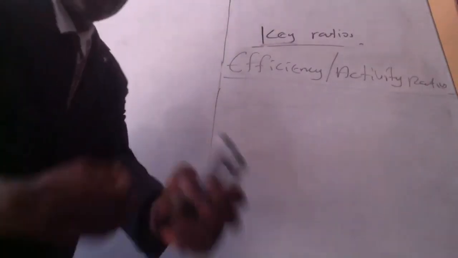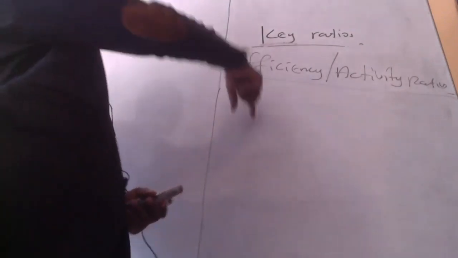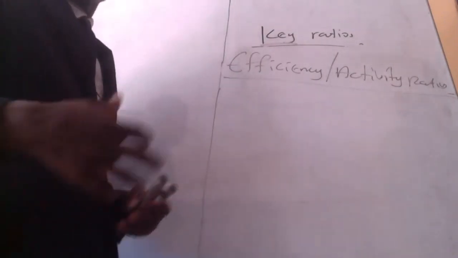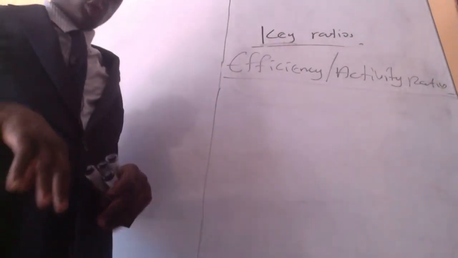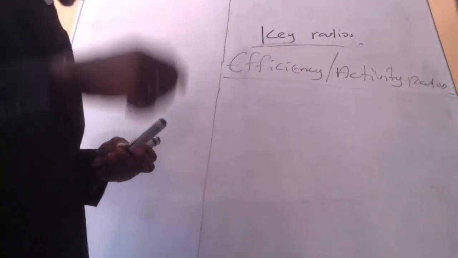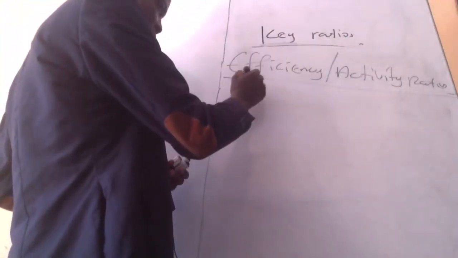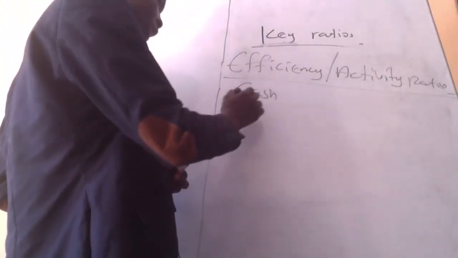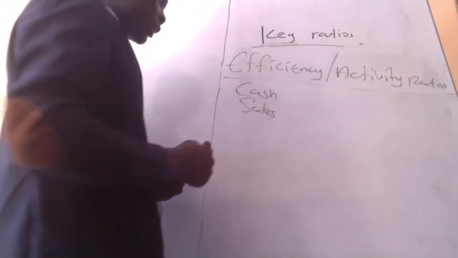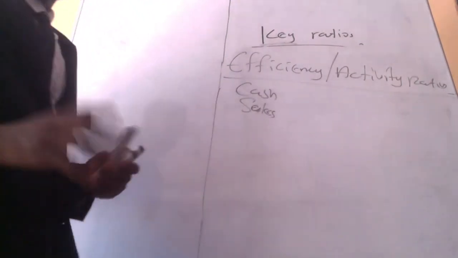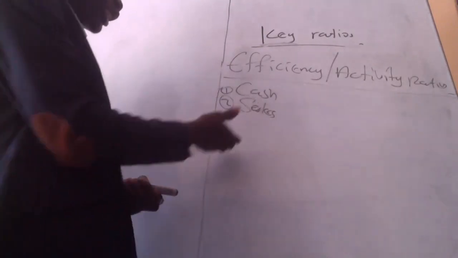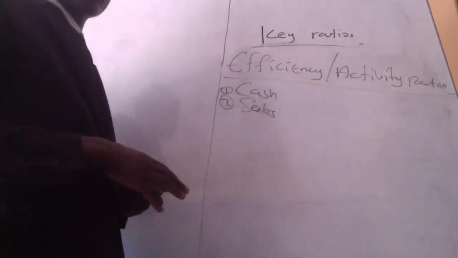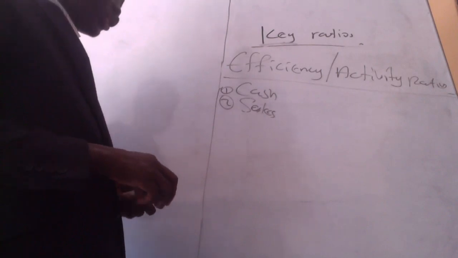So two things: how you are utilizing your assets or other resources within your organization to generate, one, cash, and two, sales revenue. That's all. That's the two reasons why you should use your assets: to generate cash, and then sales for your organization.